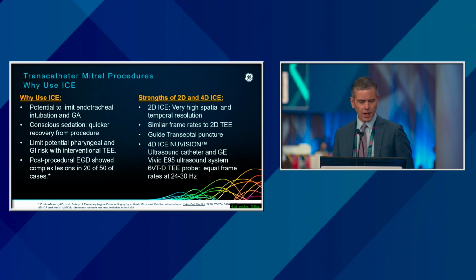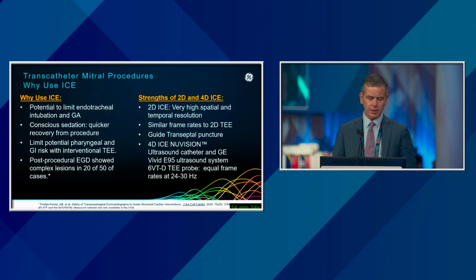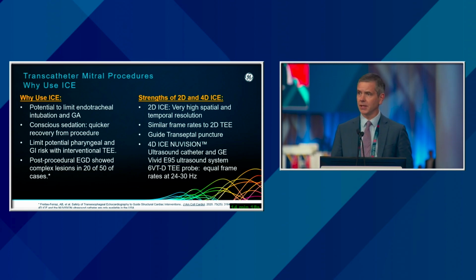But first of all, why use ICE for mitral procedures? Well, we all know that there's a potential for endotracheal injury, and we'd want to limit endotracheal intubation and utilize less anesthesia by the use of ICE, so that we could go to conscious sedation.